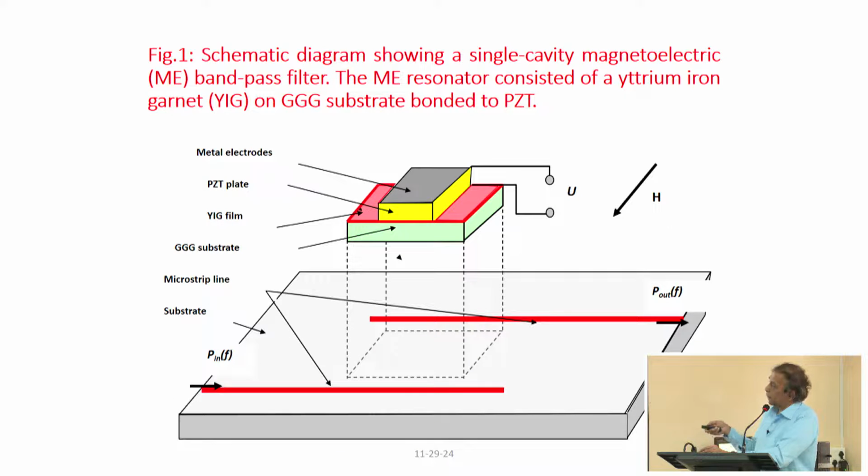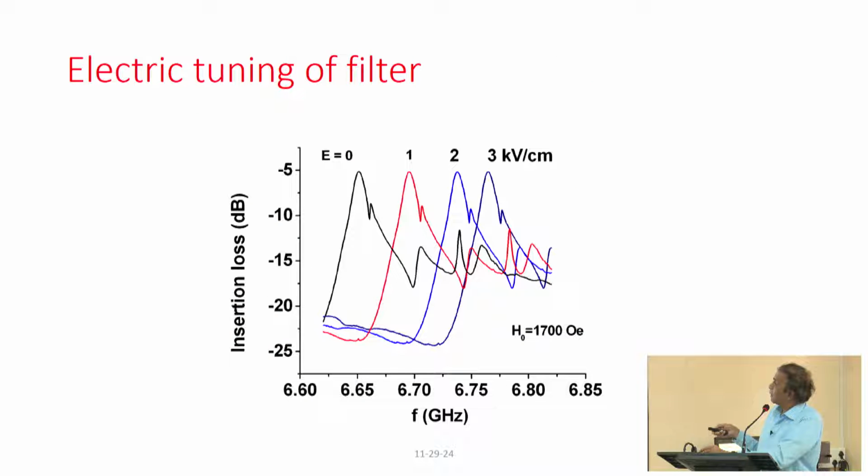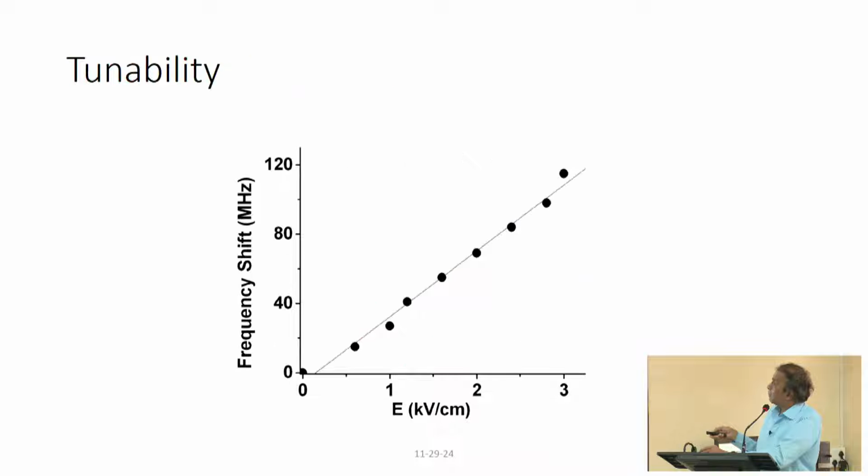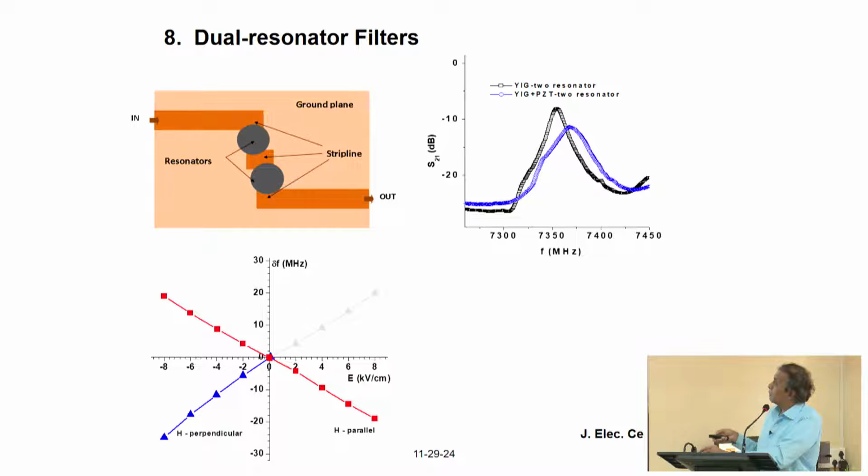So, this is the same device. Right. So, you can put together a dual resonator filter where there are 3 microstrips, one at the input, then an intermediate one, then there is an output.